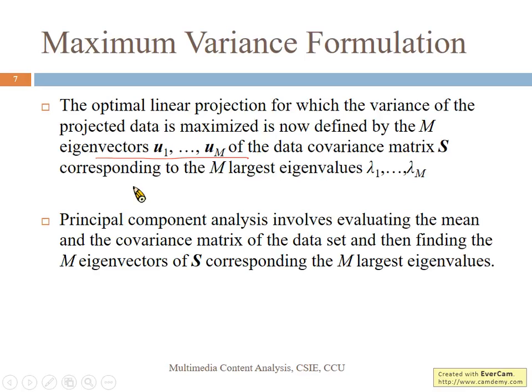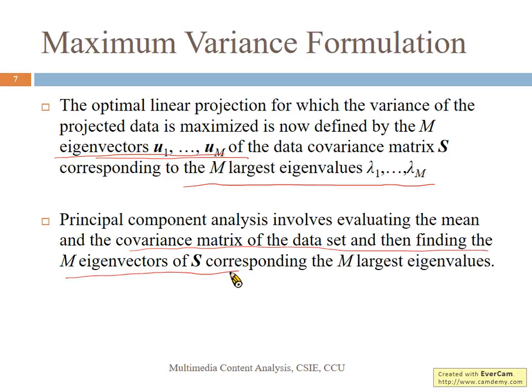Simply, we take the m eigenvectors u1 to um having the m largest eigenvalues lambda 1 to lambda m. This is what we do in principal component analysis. It involves evaluating the mean and the covariance matrix of the data set, and then finding the m eigenvectors of S corresponding to the m largest eigenvalues.